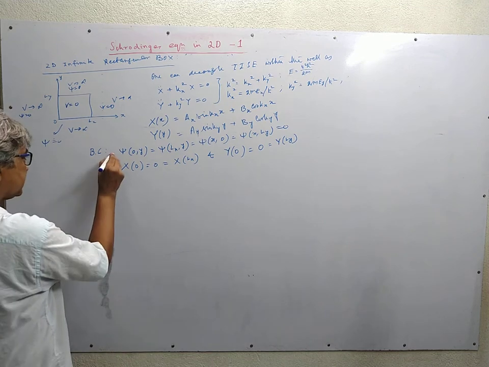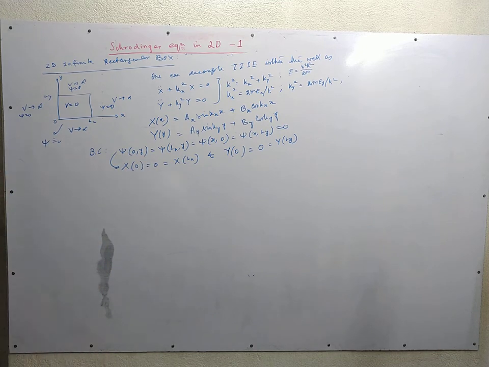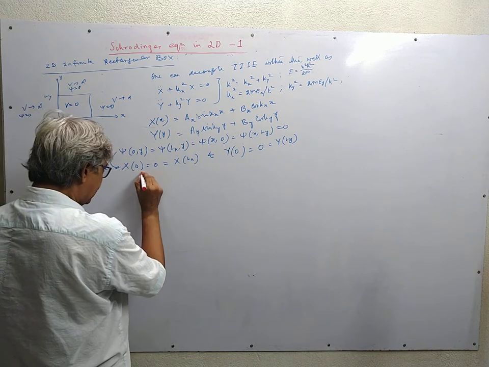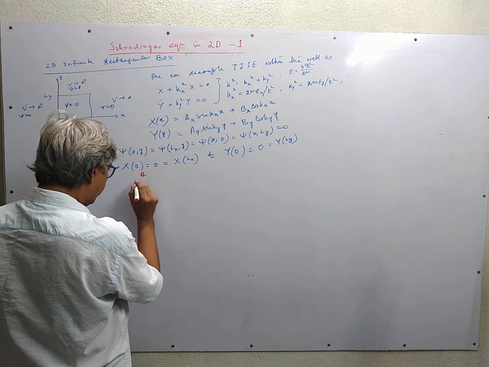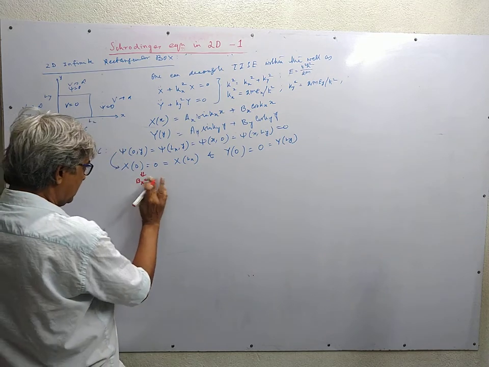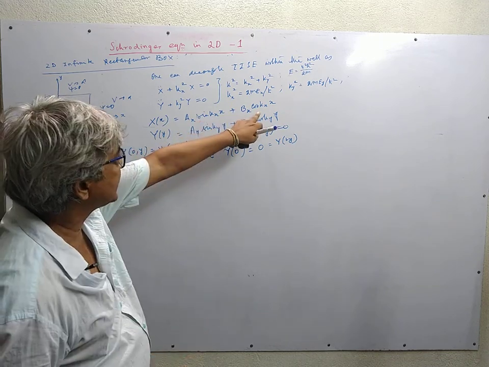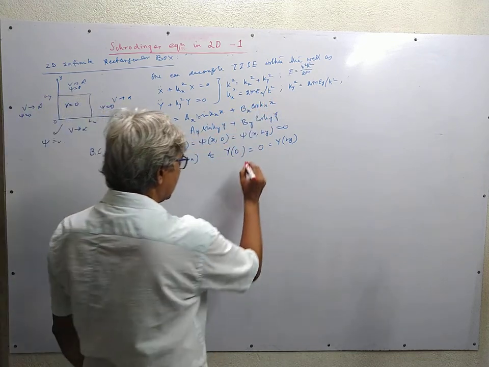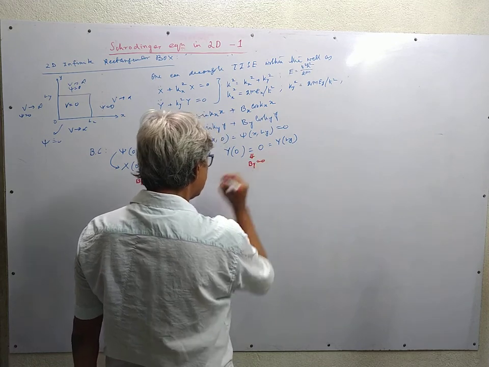This is the boundary condition in terms of the components. What does this condition lead to? It says that the coefficient related to the cosine part is 0. So Bx is equal to 0. If we put x equal to 0, this term goes and what remains is Bx, and as it has to be 0, it is 0. Similarly, this gives you By equal to 0.